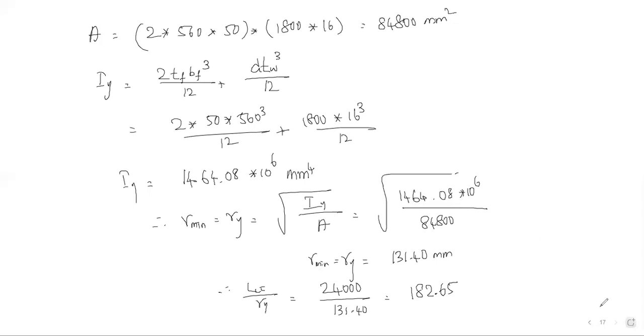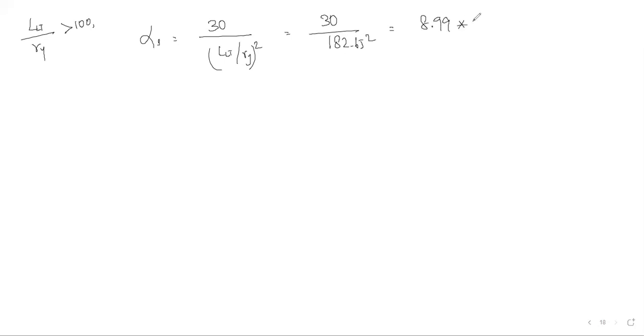Now our αs value is equal to, if LLT divided by ry value is greater than 100, then our αs value becomes 30 divided by (LLT divided by ry) squared. So 30 divided by 182.65 squared. So it becomes 8.99 into 10 to the power minus 4.